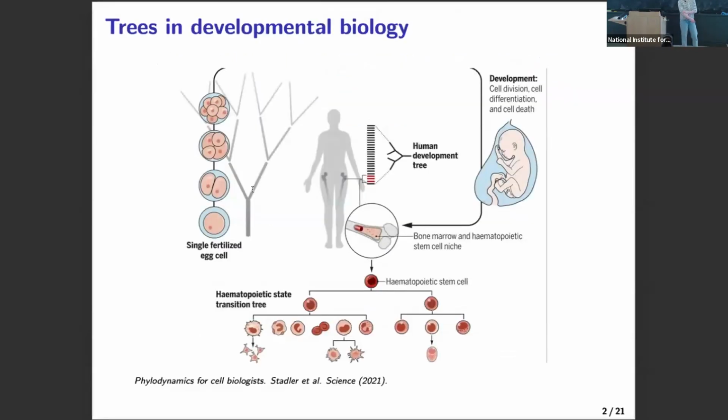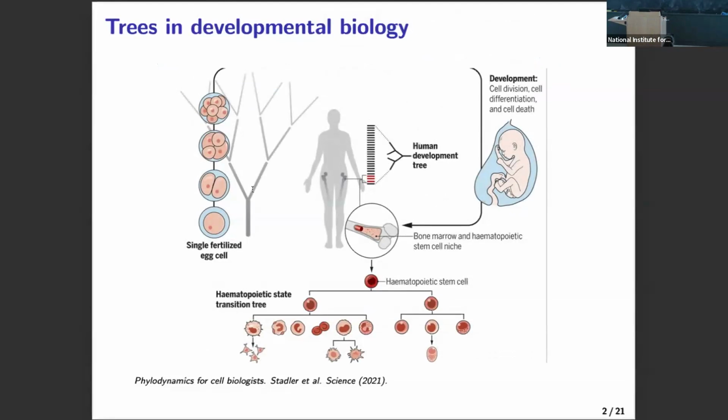Okay, so what do I mean when I say trees in developmental biology? So these are single cell level trees. So here, for example, we start from a progenitor cell, so an egg cell in this case. This is a very ambitious figure. And each internal node in our tree is a single ancestral cell. And at the tips, we have a sample of individual cells.